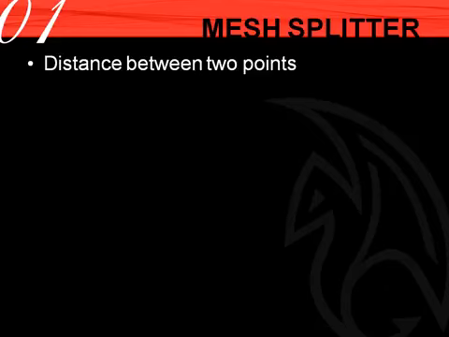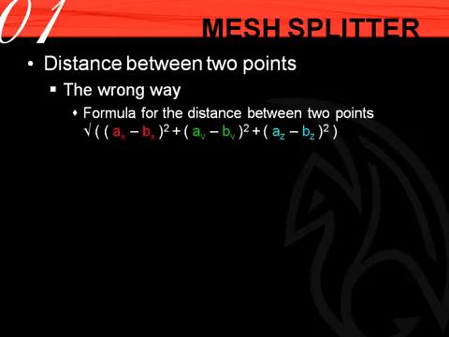So let's start off with distance between 2 points. So I'll show you the wrong way to go about finding a mathematical formula for something. It's very easy to fall into this trap, but let's go ahead and look at it. Essentially, we can find a formula for the distance between 2 points. Now, for example, you would have point A and B. You take their x, y, and z coordinates. You subtract one from the other.